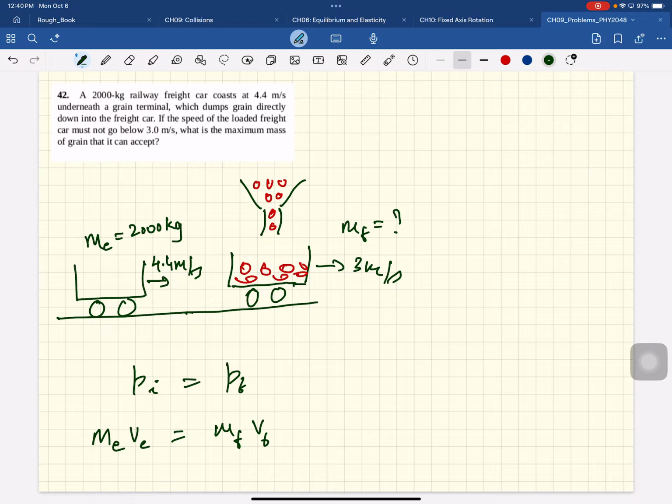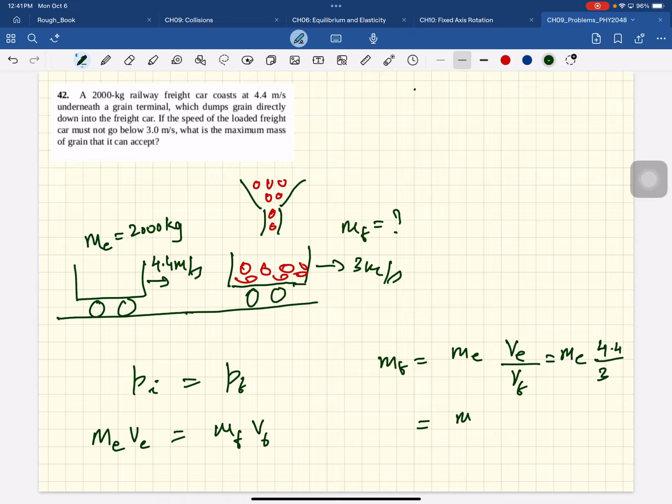So, mass of the full cart is mass of the empty cart times velocity of the empty cart. So 4.4 meters per second divided by 3 meters per second.